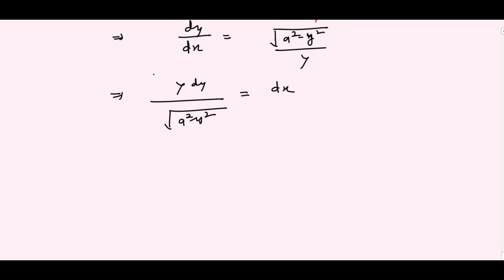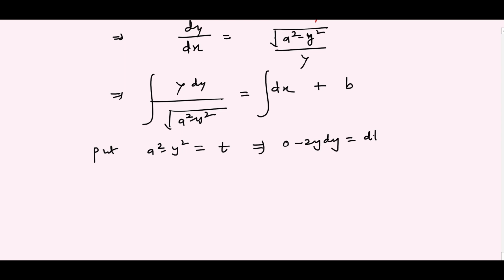So now further integrate on both sides plus b as a constant. Now substitute a square minus y square is equal to t. So on differentiation on both sides it will give 0 minus 2y dy is equal to dt.